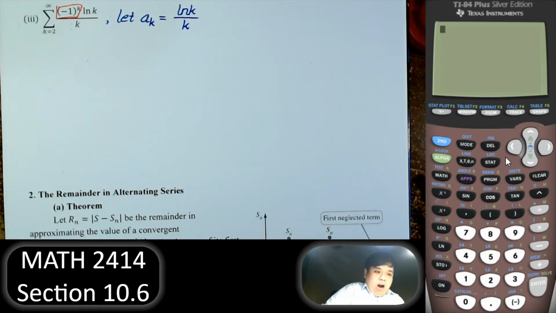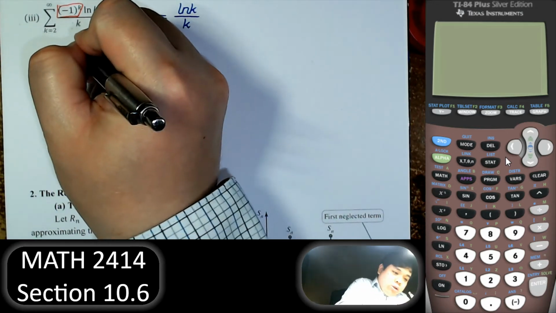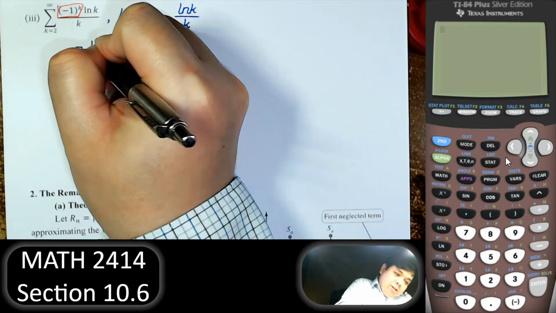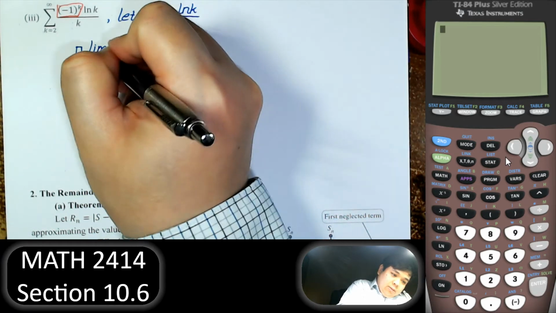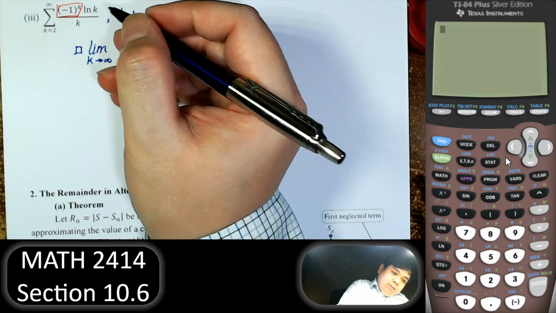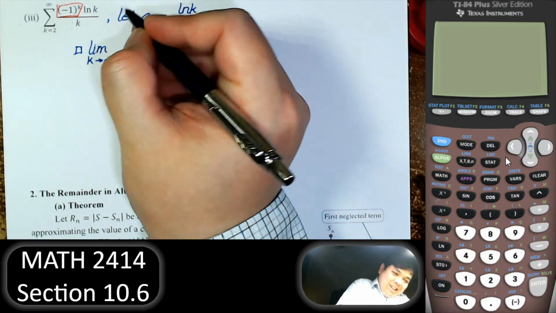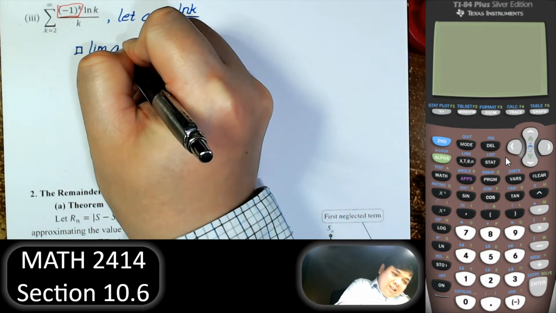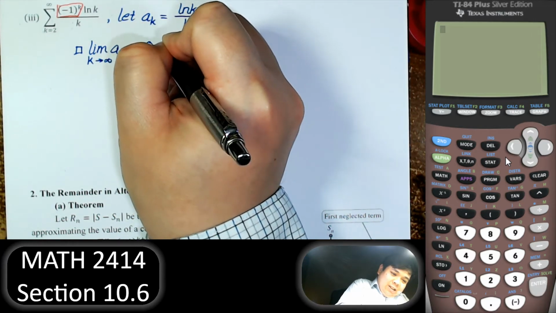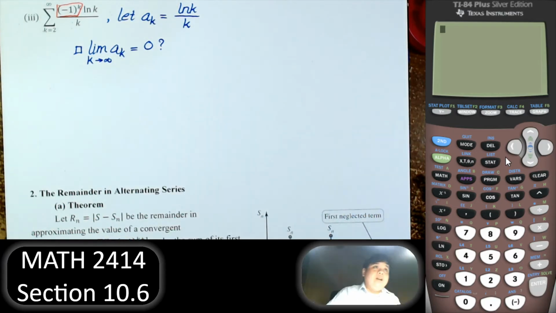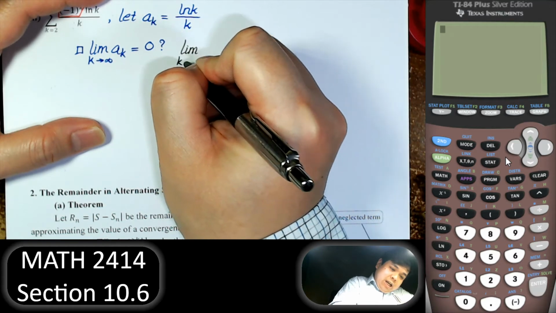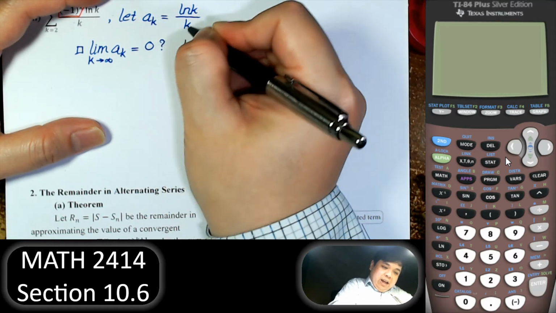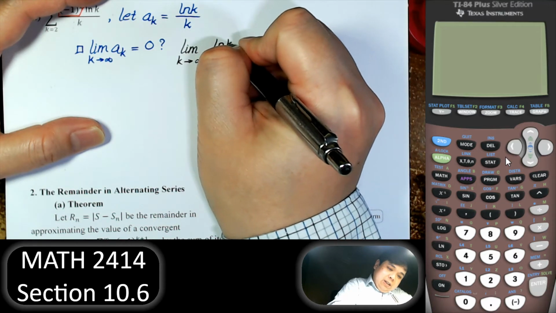Now this is a little more complicated, but we still need to check two things. Does that go to 0? So the limit as k goes to infinity of a of k, which is ln of k over k.